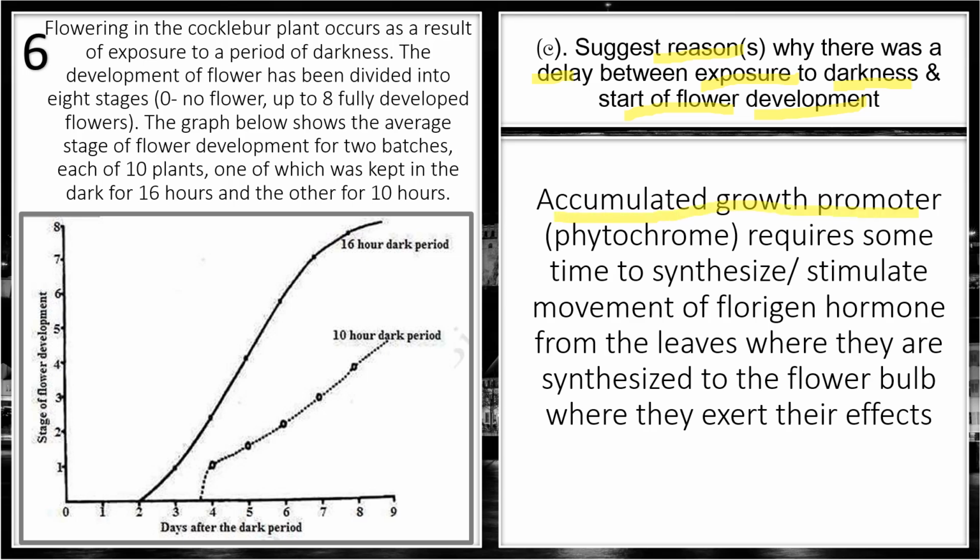Accumulated growth promoter, those are phytochrome, requires some time to synthesize or to stimulate movement of florigen hormone from the leaves where they are synthesized to the flower buds where they exert their effects.